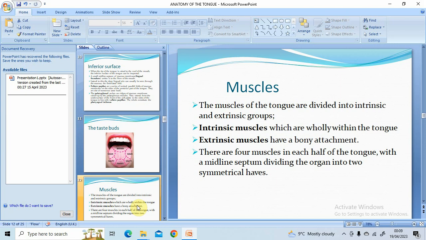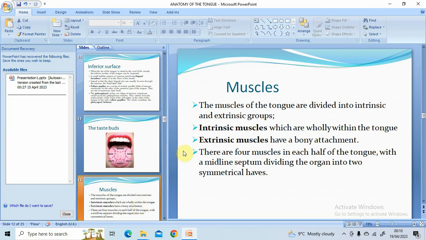Now, let me look at the muscles of the tongue. The muscles of the tongue are divided into intrinsic and extrinsic groups. The intrinsic muscles are wholly within the tongue. They constitute the bulk of the tongue, not attached to the surrounding structures in the mouth, and are responsible for the shape of the tongue.